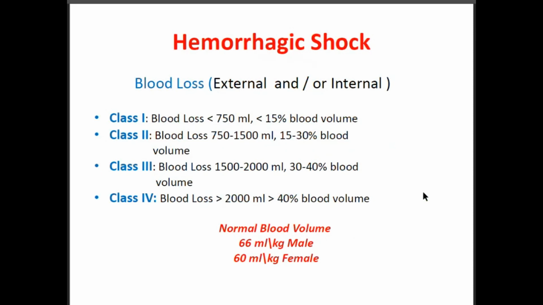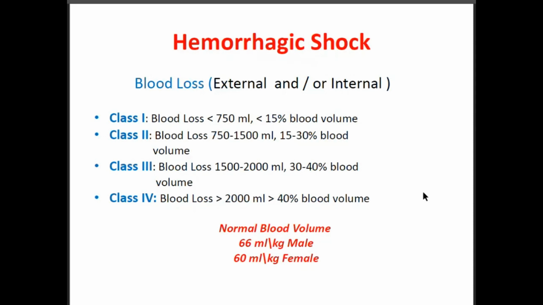So, in general, you can calculate the normal blood volume in a male or female by using these equations, and you need to know them. The male has roughly 66 ml of blood per kg, and female about 60 ml per kg.